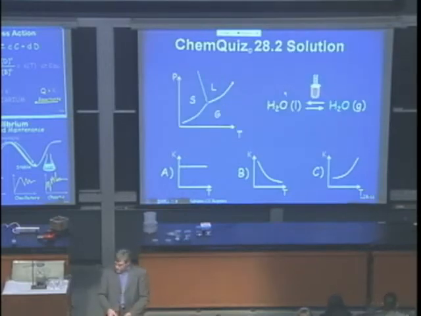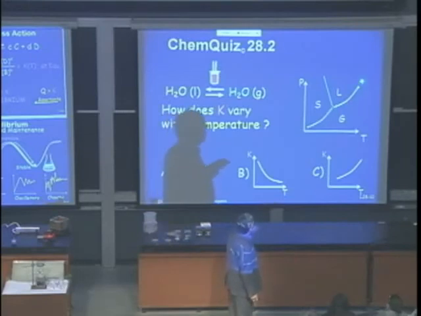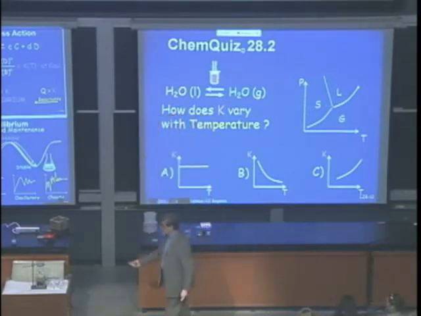Now, you've seen here, let me go back here. I showed you that here, and this is obviously the equilibrium between the liquid and the gas. So this is the partial pressure of the water at that temperature. I look at the temperature, it's here, okay? And K is the partial pressure itself.